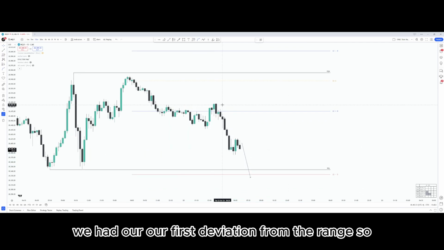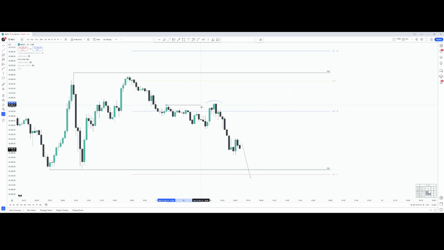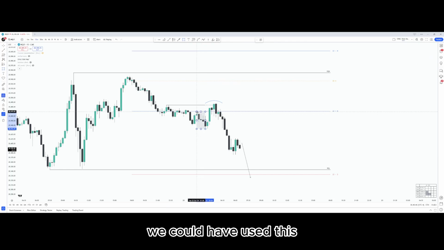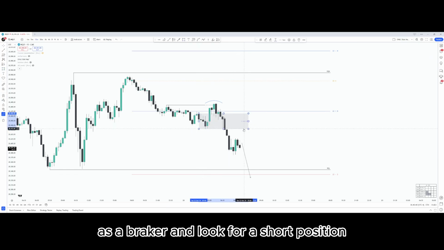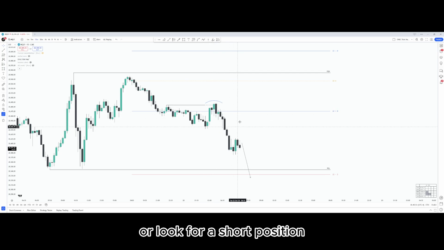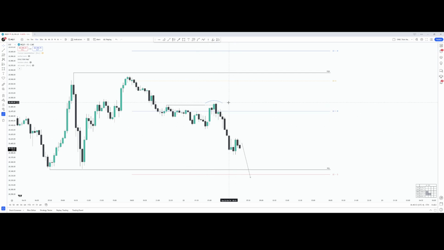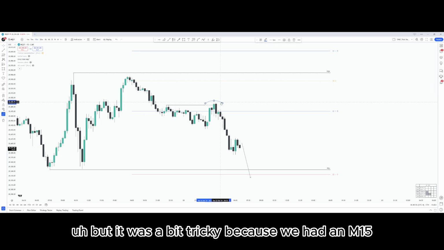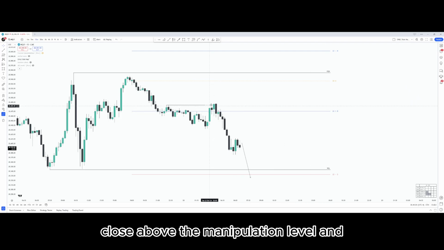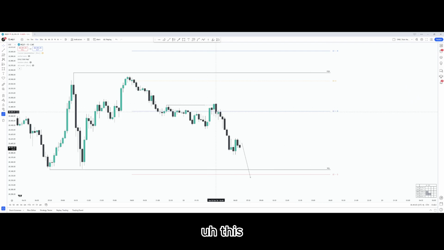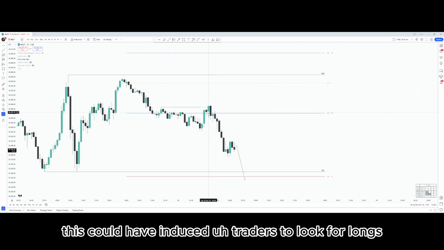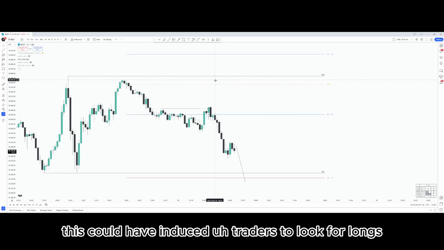We had our first deviation from the range, so seeing that fail, we could have used this as a breaker and looked for a short position around this level. But it was a bit tricky because we had an M15 close above the manipulation level, and this could have induced traders to look for longs.